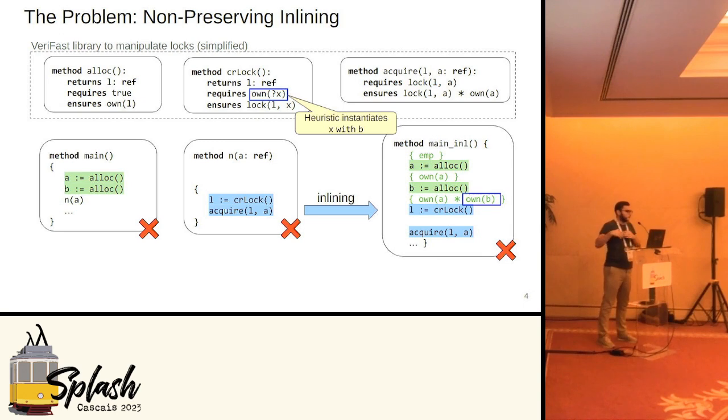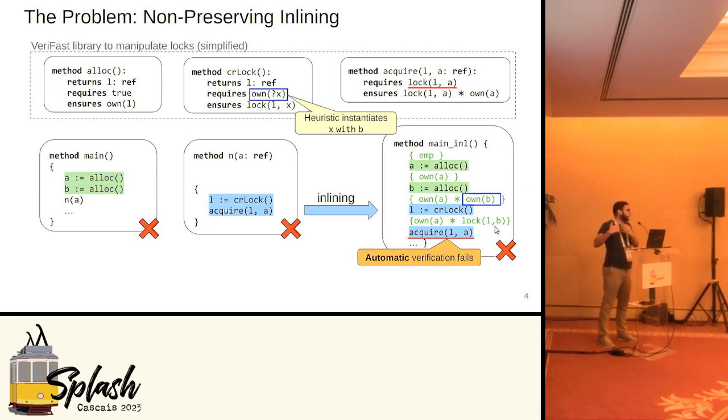Here, for reasons that I'm not going to explain, the VeriFast heuristic instantiates X with B. And so it's going to exchange own of B with lock of LB, and it's going to keep own of A. And this is really the issue that we have, because then verification will fail here because acquire requires lock of LA, but we have lock of LB.